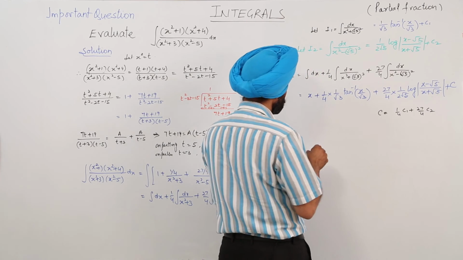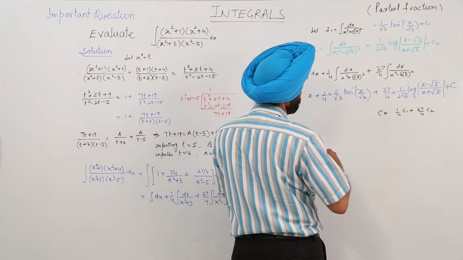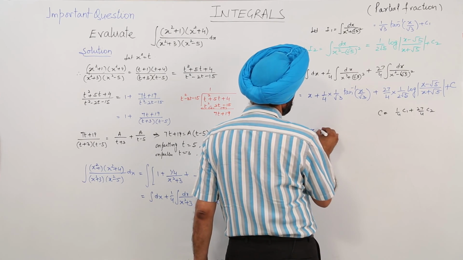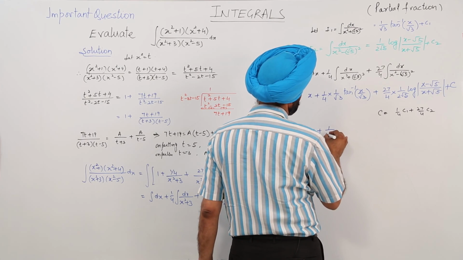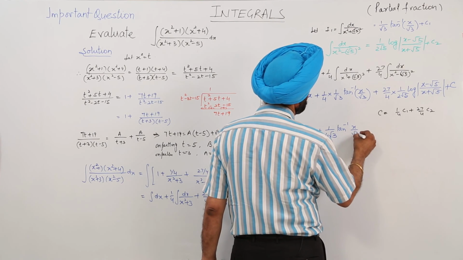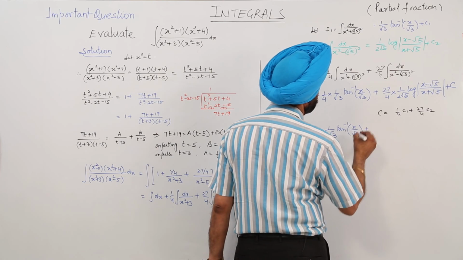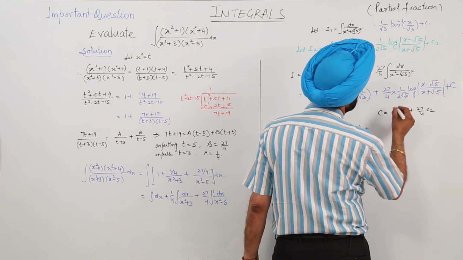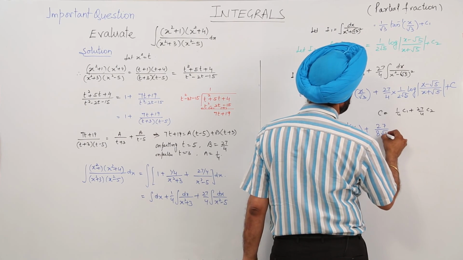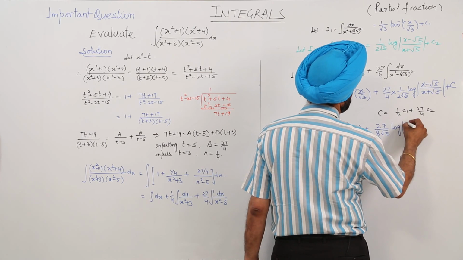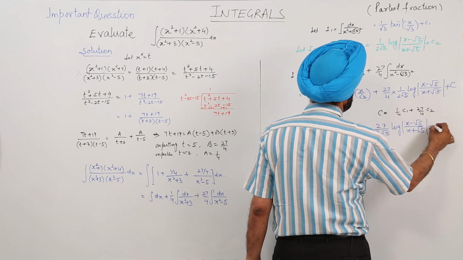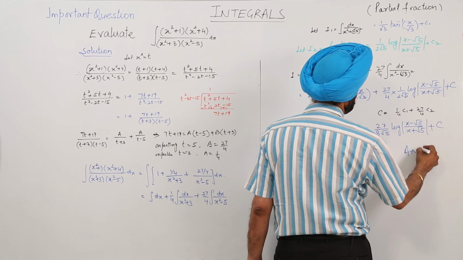So now finally we have x plus 1 upon 4 root 3 tan inverse x upon root 3 plus 27 upon 8 root 5 log x minus root 5 upon x plus root 5 plus C. Answer.